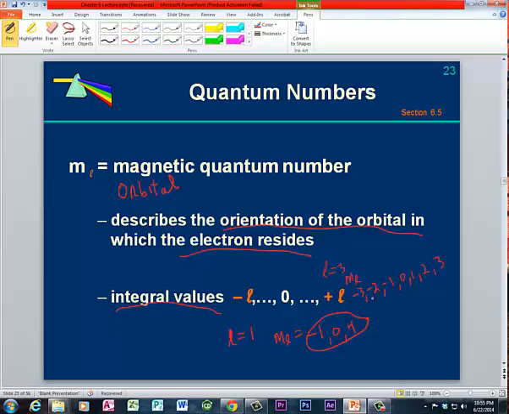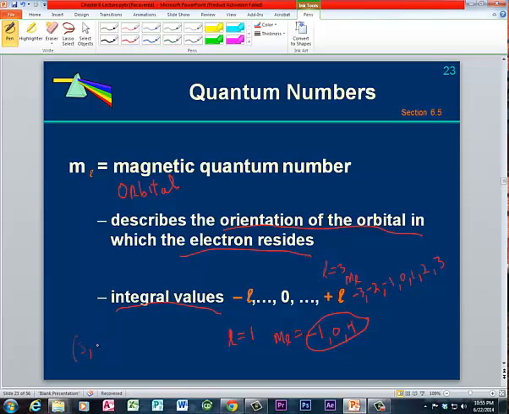Now, I need you to understand, these values are not numbers that we're going to add up. These are addresses. We're simply finding the probable address of an electron. So we're going to wind up with addresses that look like this, where we've got an n value, let's say, of 3.